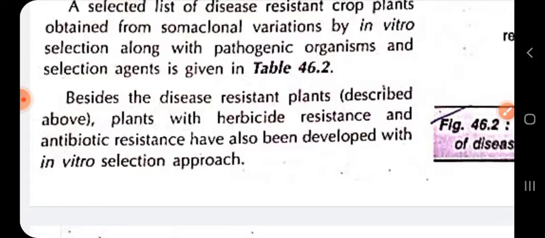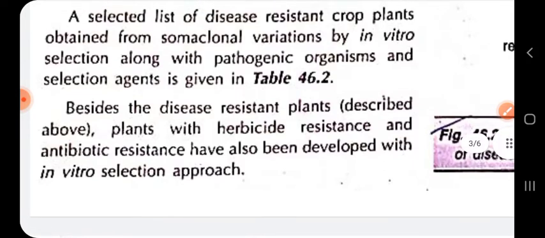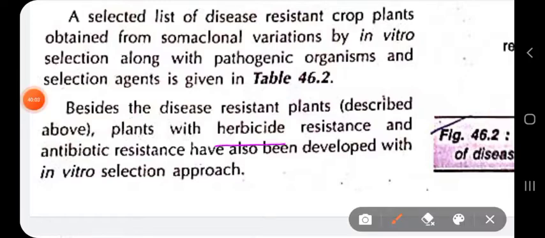Besides these disease resistant plants which have been described here, plants with herbicide resistance and antibiotic resistance have also been developed. Now, herbicides are certain chemicals which will kill your weeds, the plants which affect the growth of the crops.